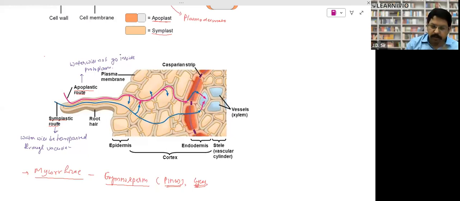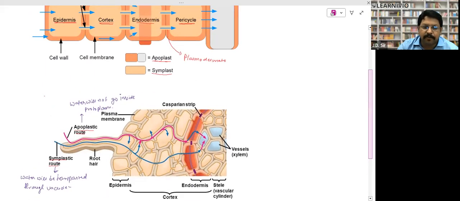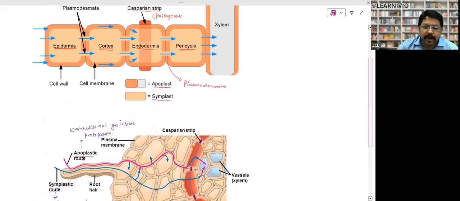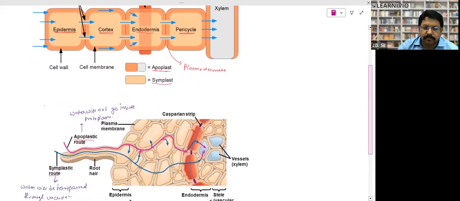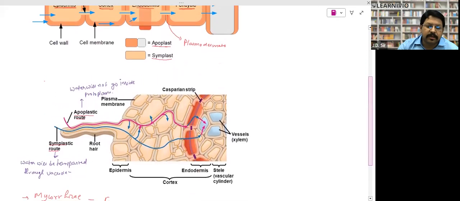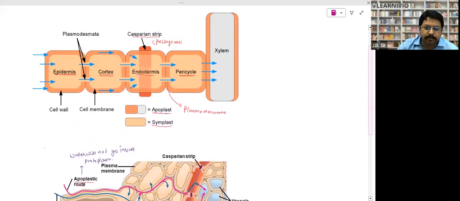Yes, sir. So one more very, very important thing which I want to share with you. You can see the inner layer of the cortex is called the endodermis, right? The endodermis has a type of thickening. What is the thickening? Actually, there is a thickening of the Casparian strip, right?